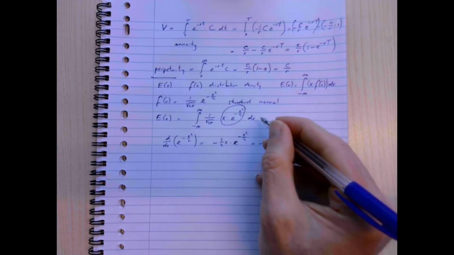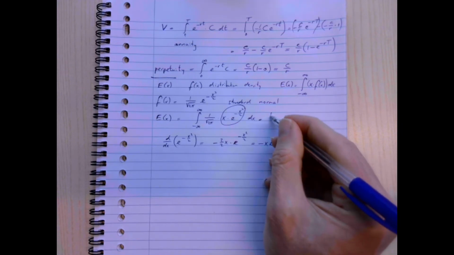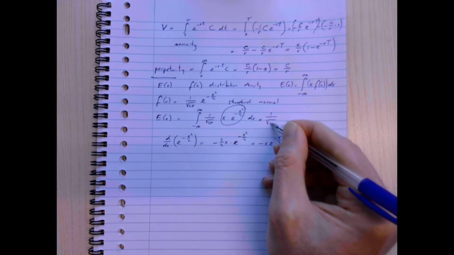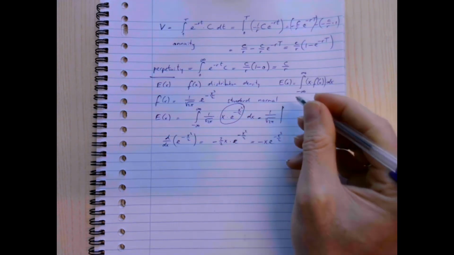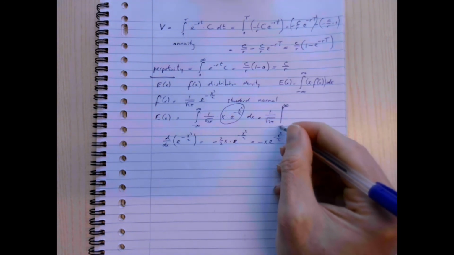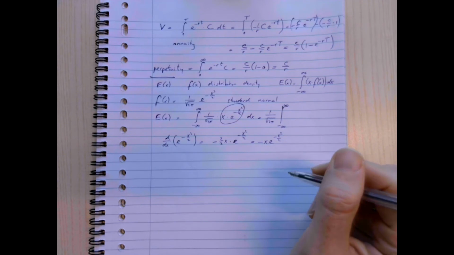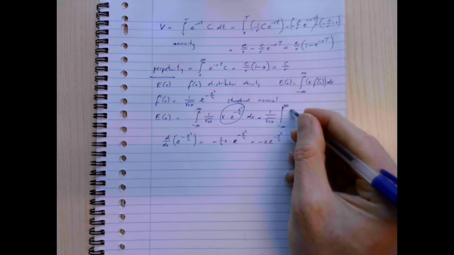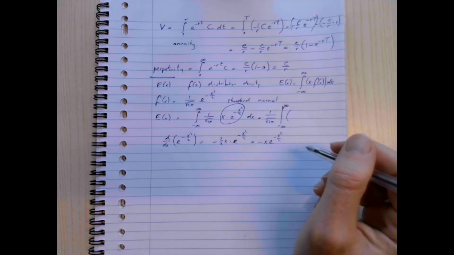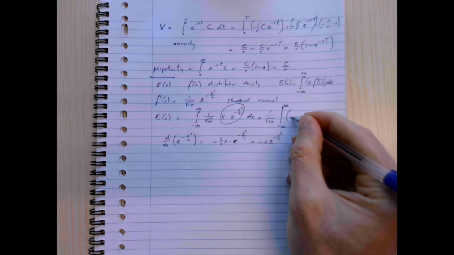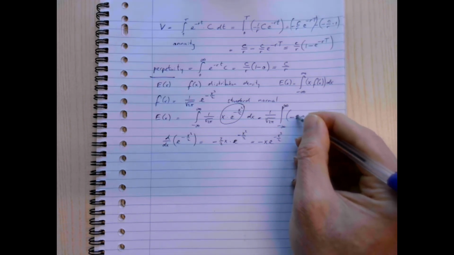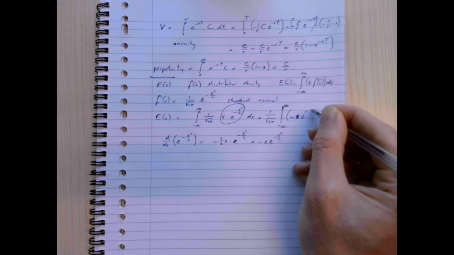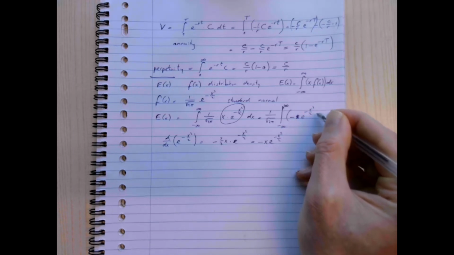So this is going to be, let me just take the 1 over square root of 2 pi over here. This is just a straight line, I'm going to evaluate between minus infinity and plus infinity the indefinite integral, which is minus e to the power minus x squared over 2.